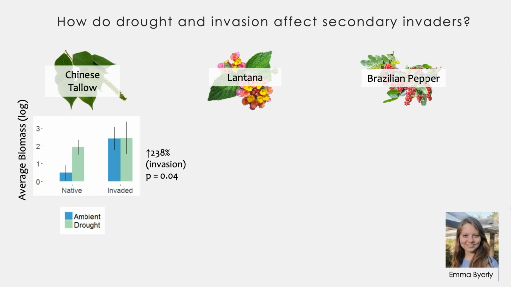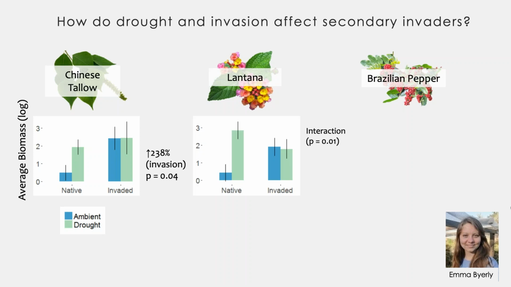And what she saw generally in terms of average biomass of these species is that the invasion, in the case of Chinese tallow, facilitated the species by 238%, so 238% greater biomass due to the invasion. For lantana, we saw this interesting interaction where there's 10 times more lantana biomass in those native-dominated plots because lantana, we think, is much more drought tolerant, and the native species suffered from the effect of drought.